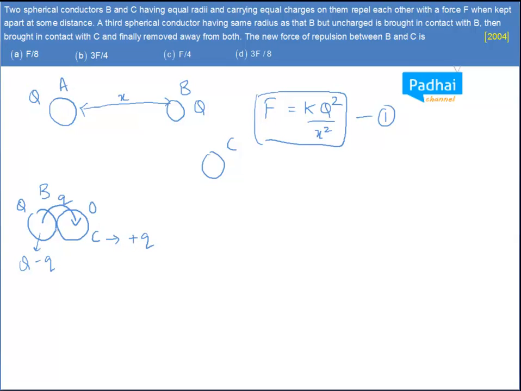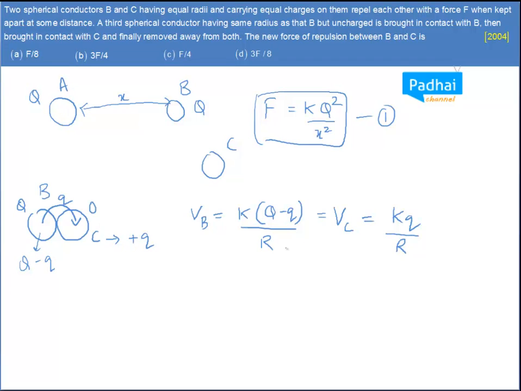Now this charge is redistributed in such a manner that both of them are at the same potential, right? Now what is the potential of B? K into Q minus q by R, and this should be the potential of C. So what will be that? K into q by R.